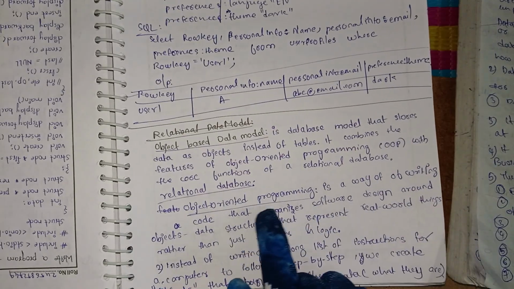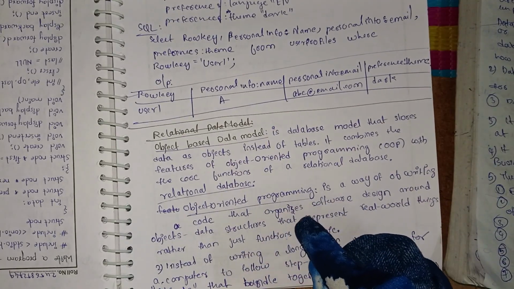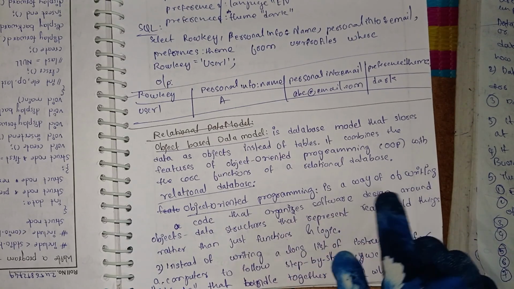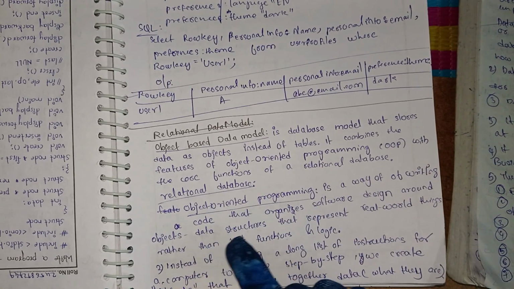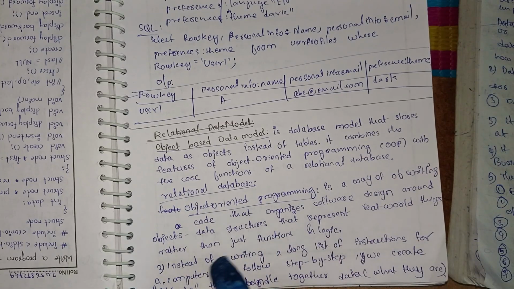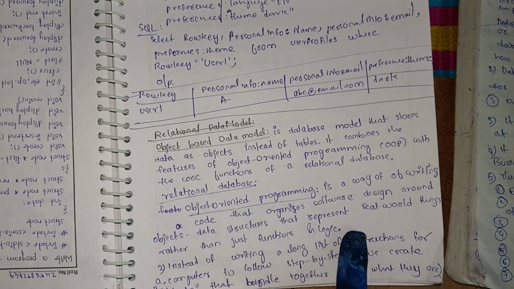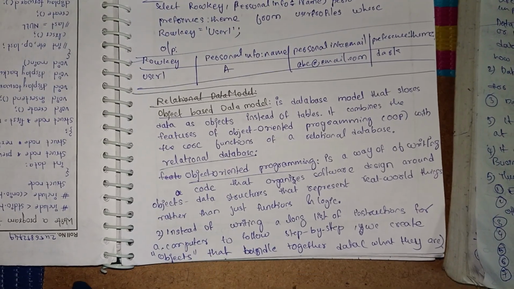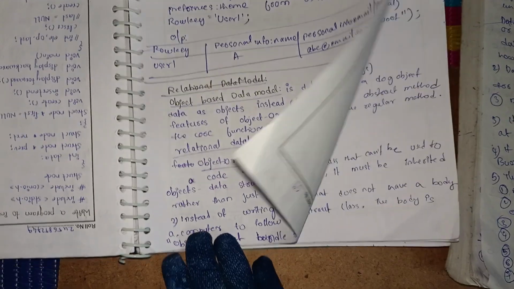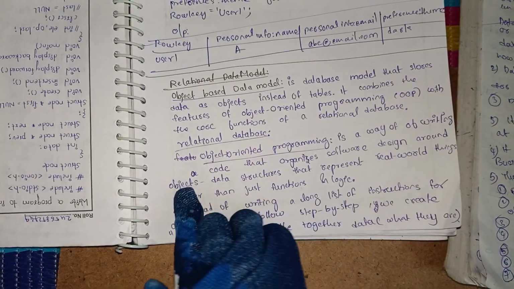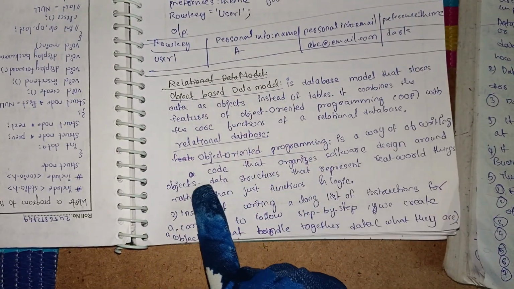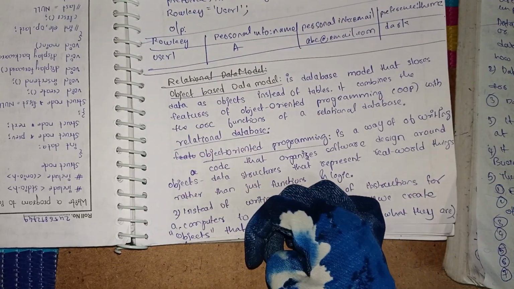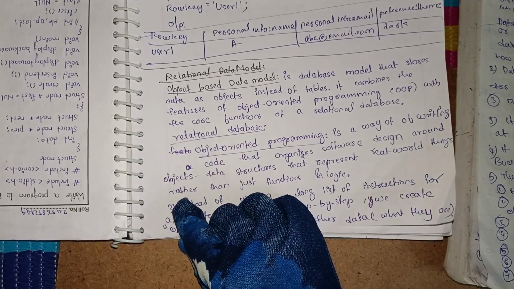So object-oriented programming is a way of writing code that organizes software design around objects, and data structures that represent real-world things rather than just functions and logic. So objects mean data structures in the database.